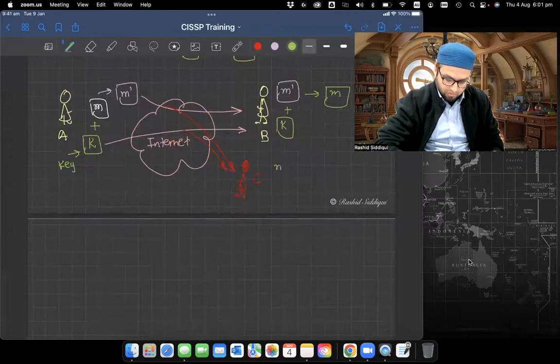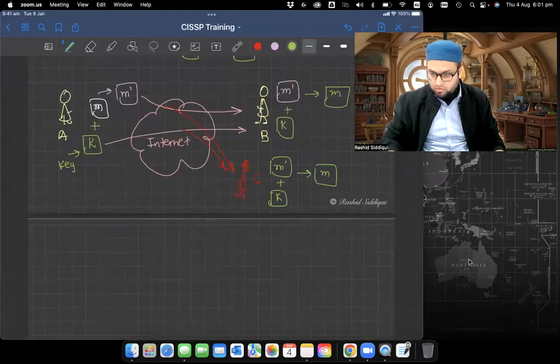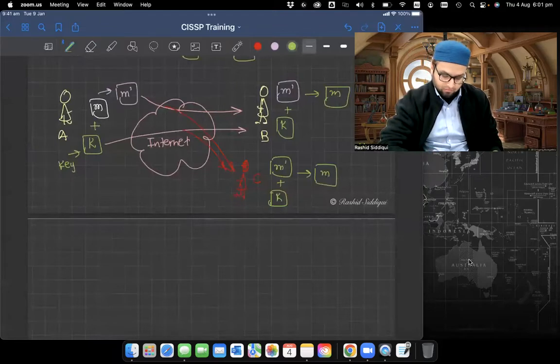C can also have M dash, it can have K, and can retrieve the message M. Then what's the point? There's no point, right? Now this problem is called the problem of key exchange.